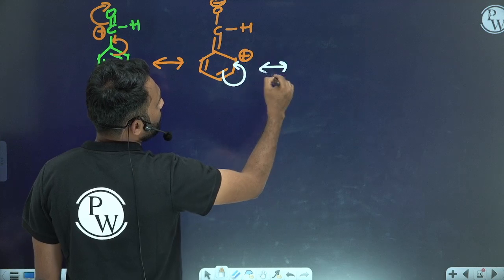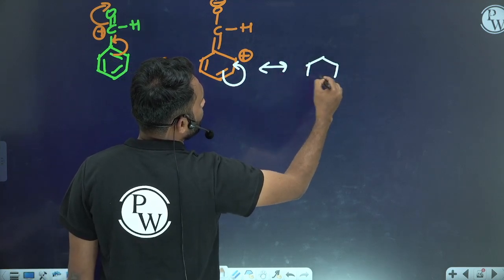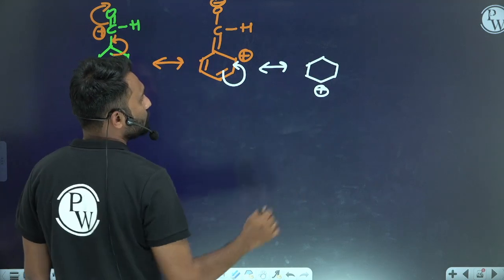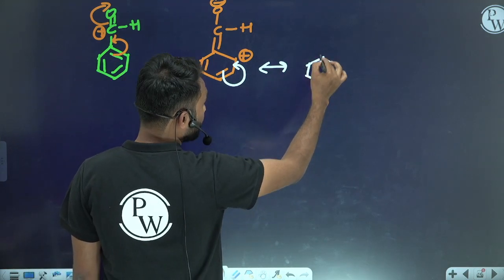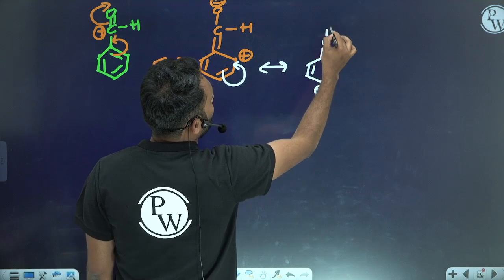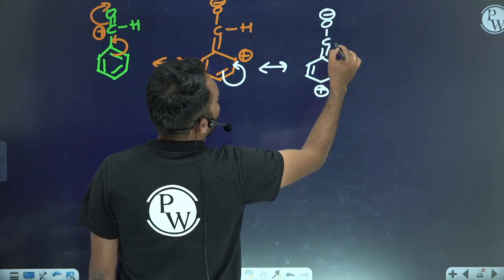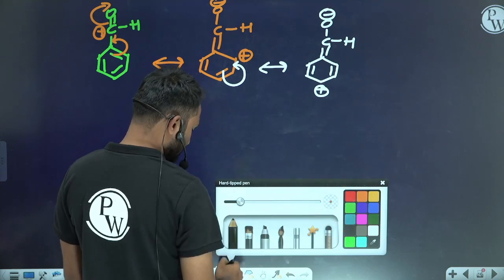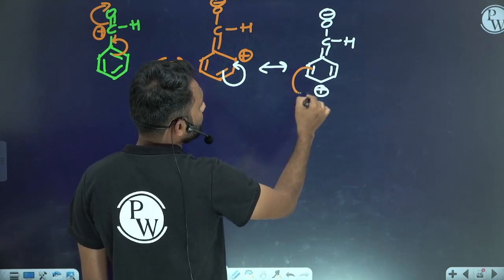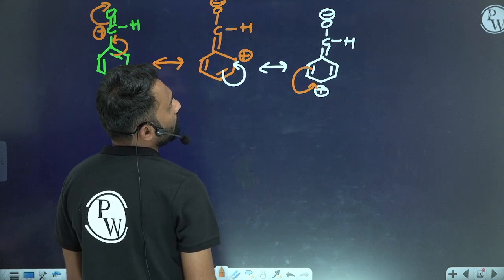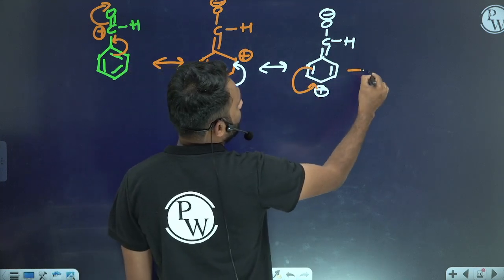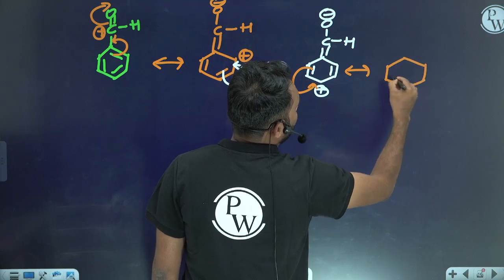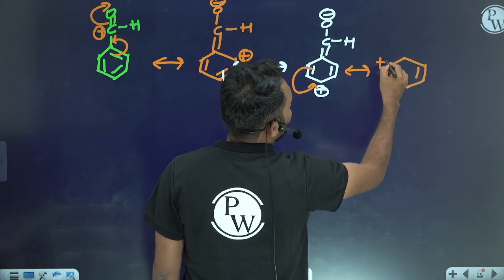Now to stabilize this positive charge, again this pi bond will be delocalized here. When this pi bond is delocalized here, this carbon will get the positive charge. Again, to stabilize this positive charge, this pi bond will be delocalized to here, and here we will get the positive charge.